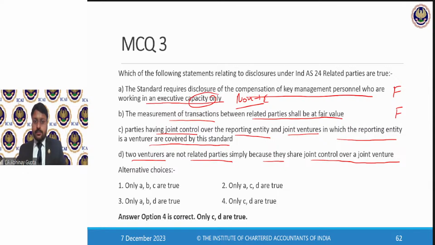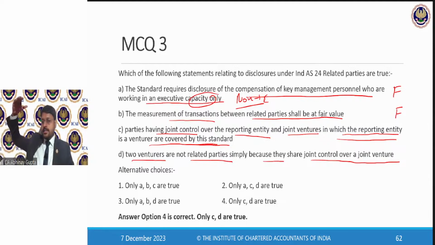Parties having joint control over the reporting entity, right? So reporting entity, the entity who is preparing the financial statements, and parties who are having joint control. So A or B jointly controlling the RE, and joint ventures in which the reporting entity is a venturer are covered by this standard. Yes.